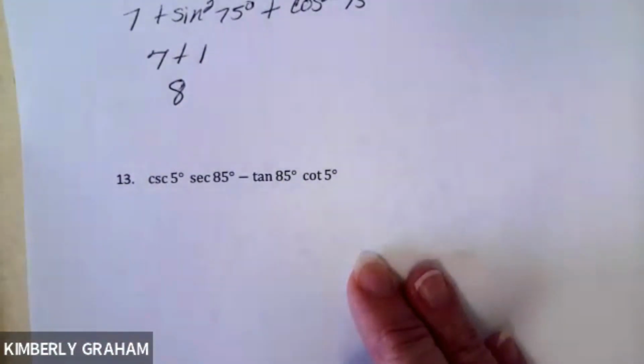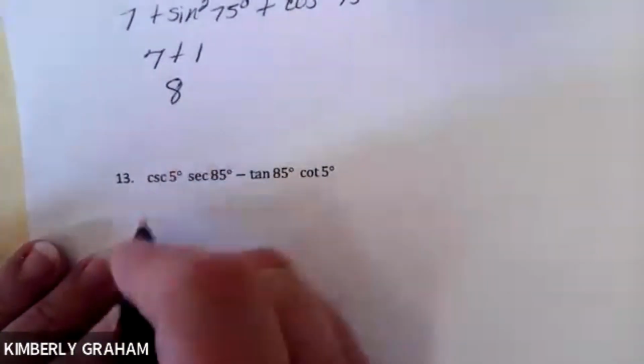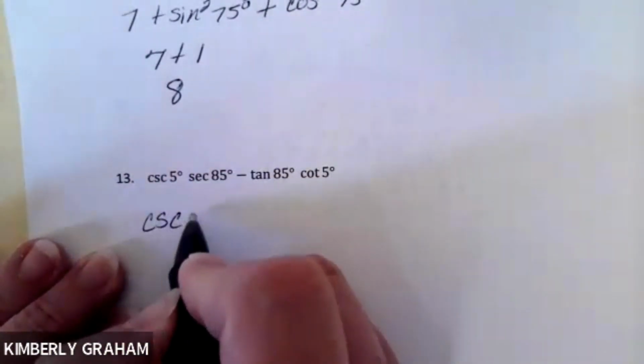Problem 13. You can see that I've got different angle measures, and I've got 5 and 85 that add up to be 90. So I know that I'm going to be using a cofunction identity. So I can keep everything in terms of 5 degrees or everything with 85 degrees. I'm going to keep 5 degrees, right?